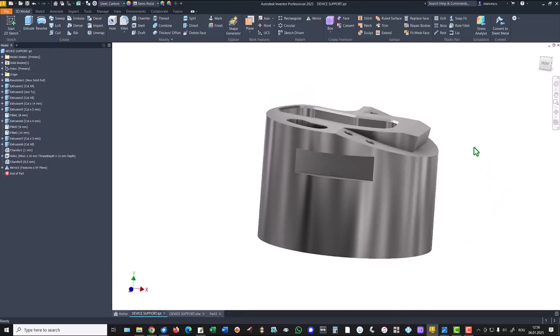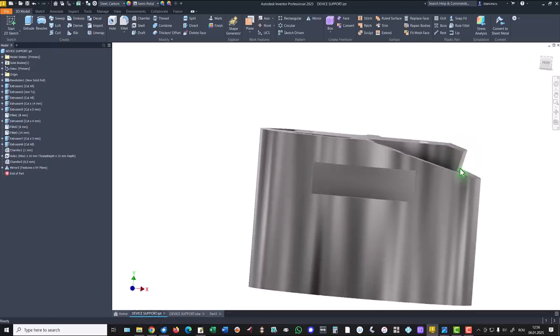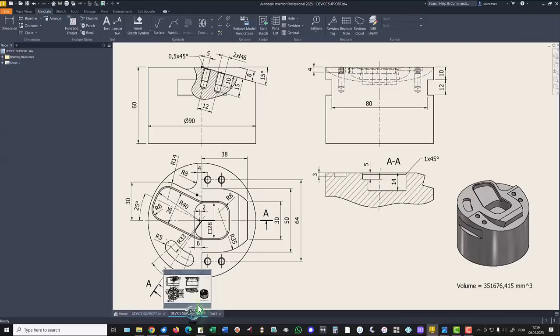Next is this perpendicular angle with dimensions 8, only 8.